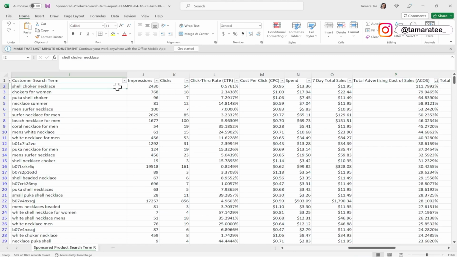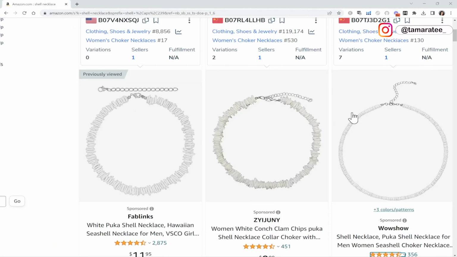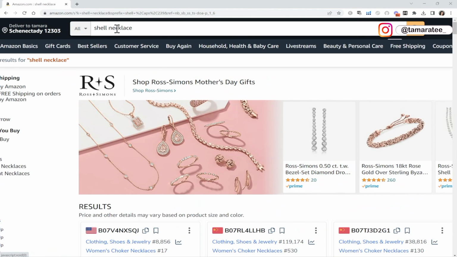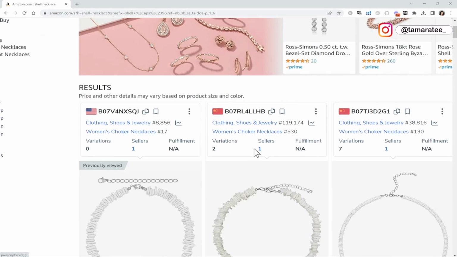So right away, I know that this keyword, I should put it into the negative exact. When I put a keyword into the negative exact in my Amazon Seller Central account, it means that when a customer searches this keyword on Amazon's search bar up here, my sponsored ad will not appear.